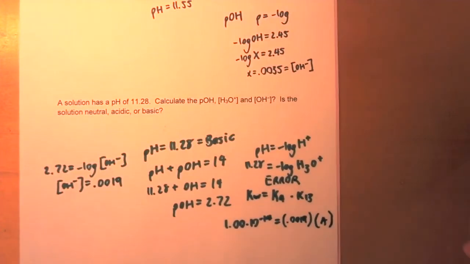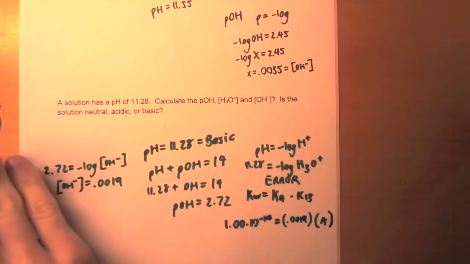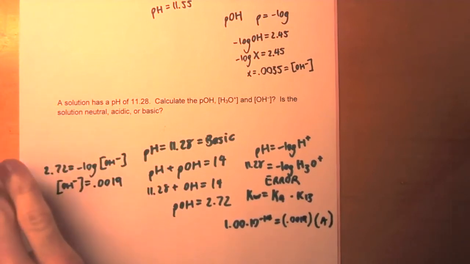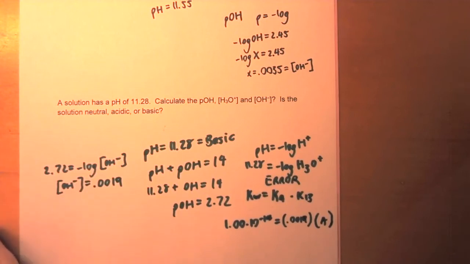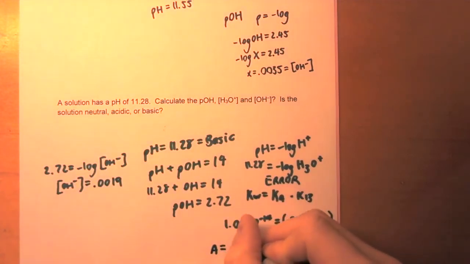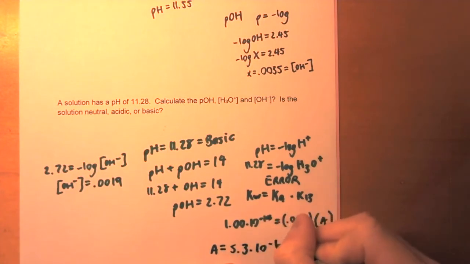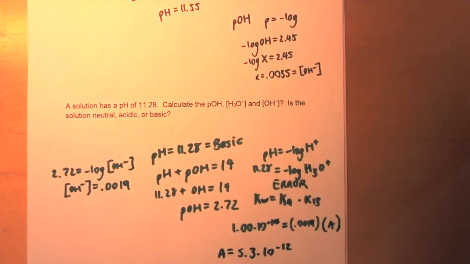We're looking for the acidic, right? We're looking for H3O+. H3O+ is our acidic character. So I'm just going to divide this over. I'm going to take 1.00 times 10 raised to the negative 14th. I'm going to divide that by our OH, which is 0.0019. And I get 3 times 10 raised to the negative 12. And that's our concentration of H3O+.